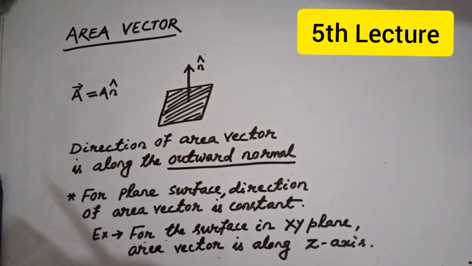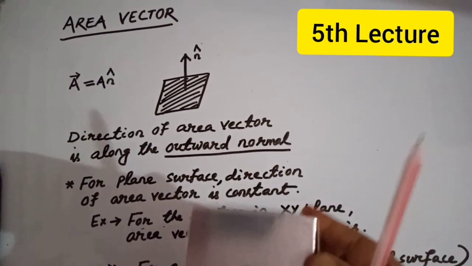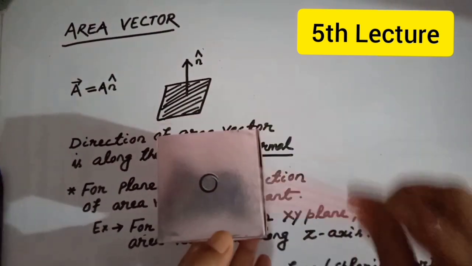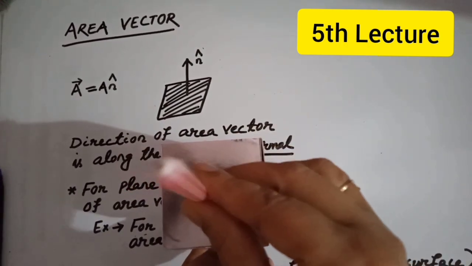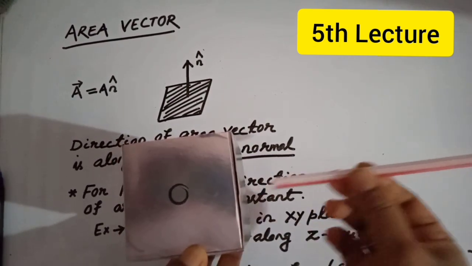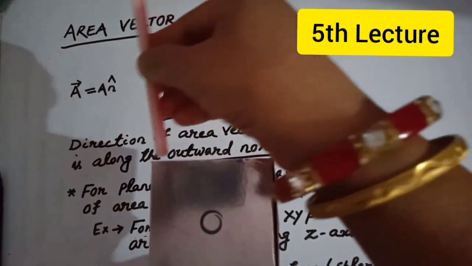If we consider a three-dimensional object, here are 6 surfaces. Area vector for this surface is like this. Area vector for this surface can be shown like this. For this surface it can be shown like this, and so on.